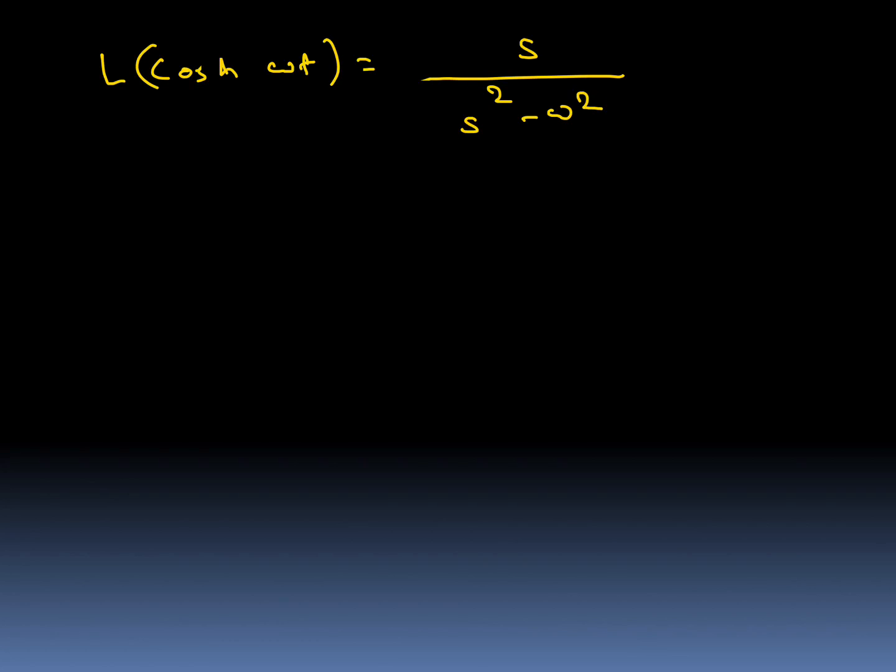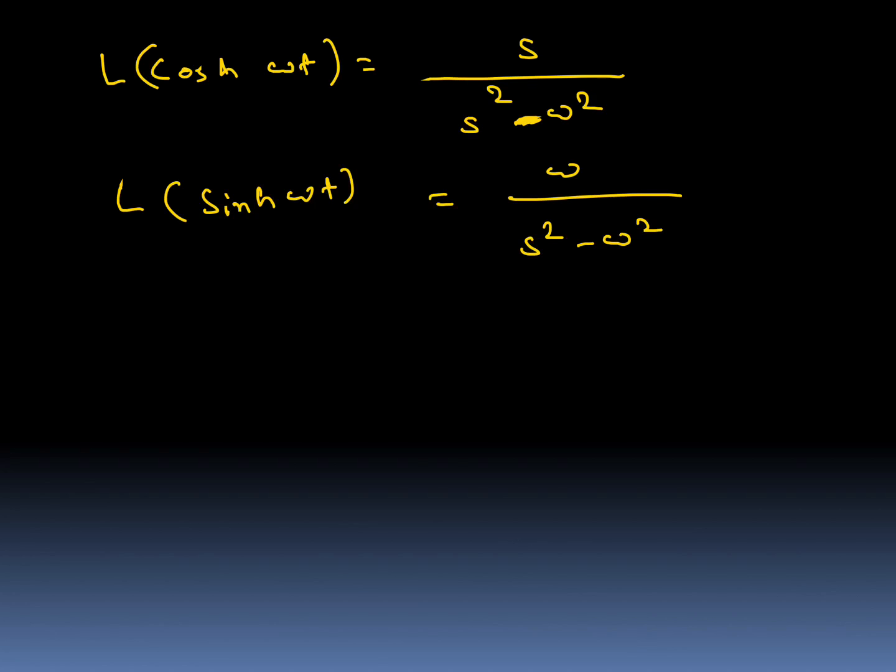Only this plus will become minus. In the case of cos omega t, it's s by s square plus omega square, and the plus will become minus here. Like this for sin hyperbolic, sin h omega t, you will get omega divided by s square minus omega square.